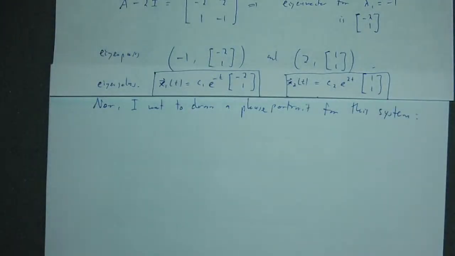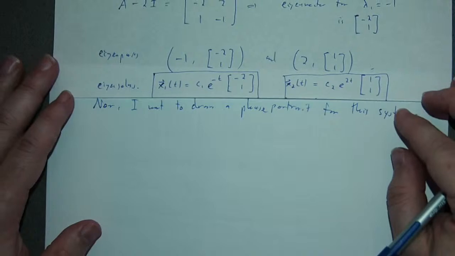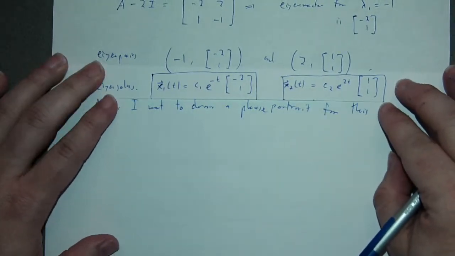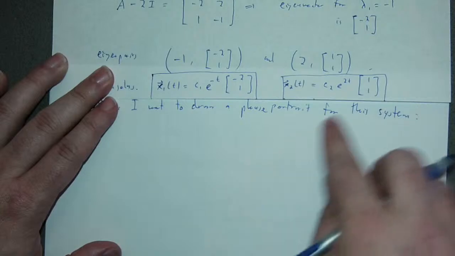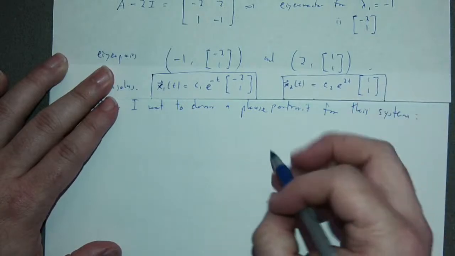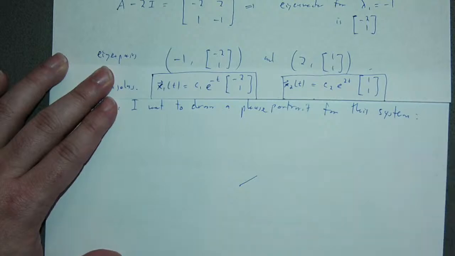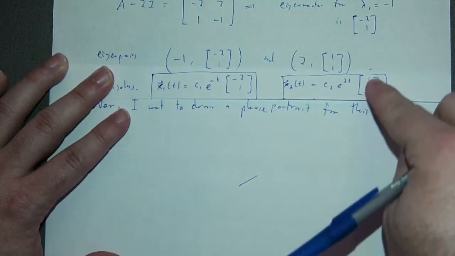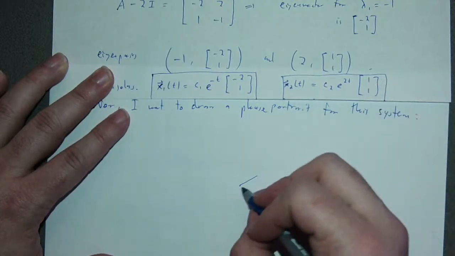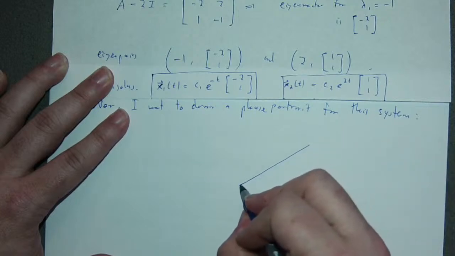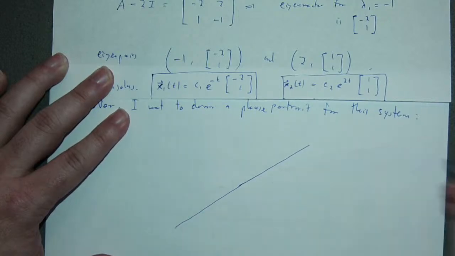So the vector 1, 1 is just this diagonal vector, where x and y are equal. So the line determined by 1, 1 is the line y equals x.